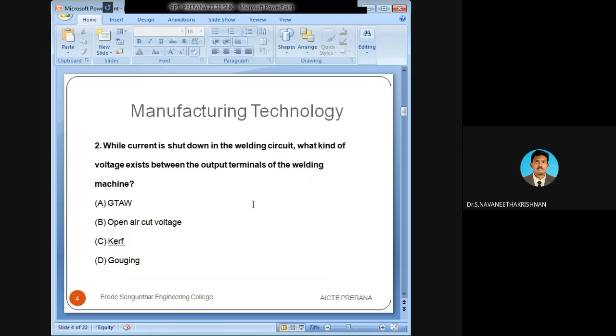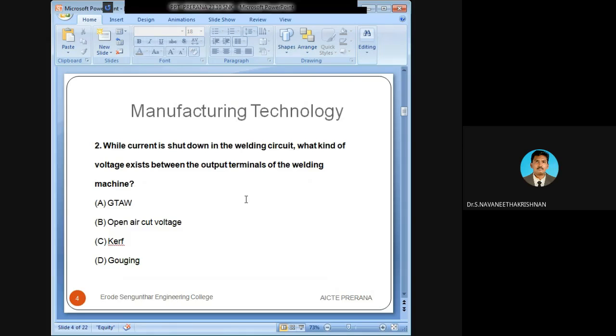Option A is GTAW. Second, option B is open circuit voltage.